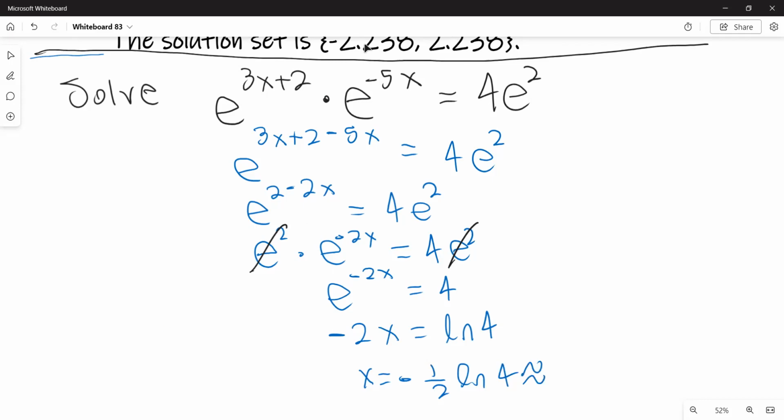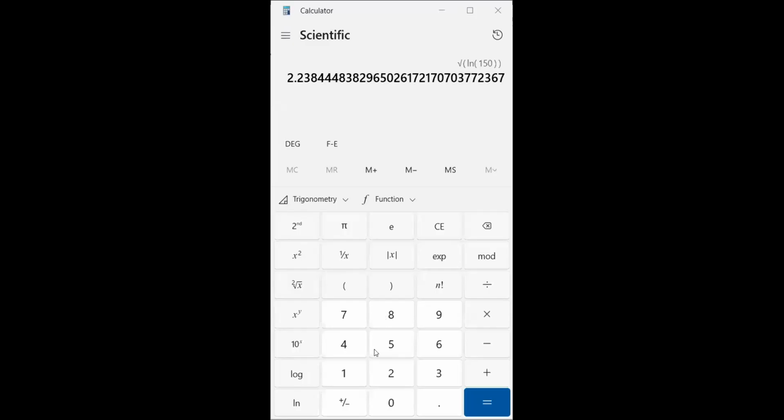Okay, so let's evaluate that. I could simplify that logarithm, but that's enough to simplify the answer. So that's going to be negative 1/2 times the natural logarithm of 4. That's approximately negative 0.693.